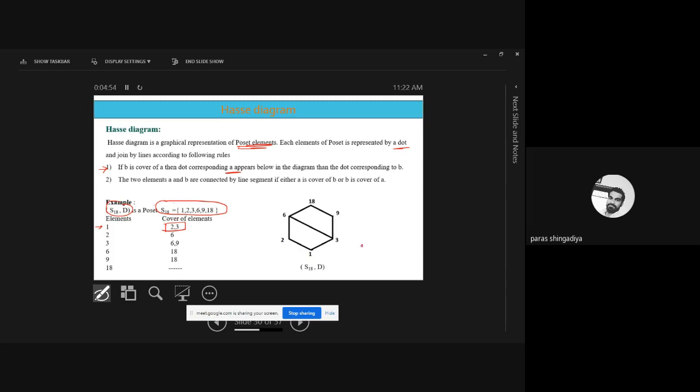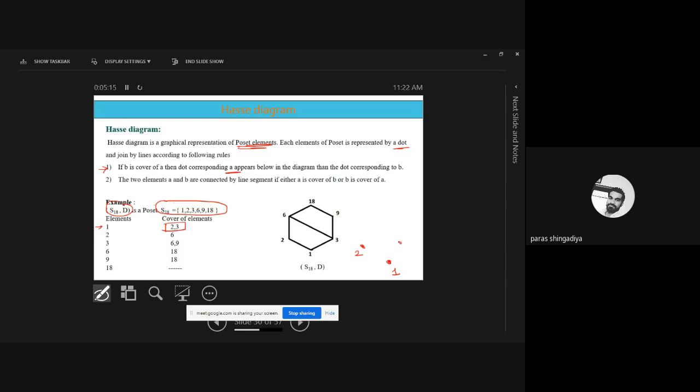That should be an upward orientation graph. Then 3 is also a cover element of 1, so the dot corresponding to 1 is below the dot corresponding to 3.